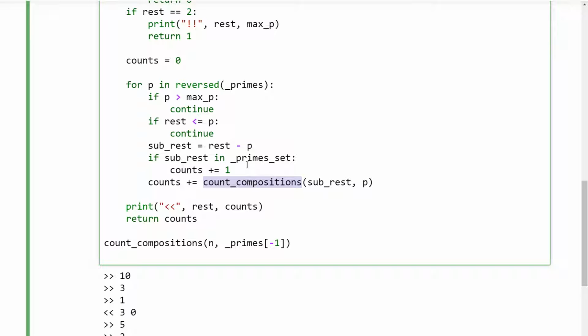Well, if L mod P is 0, we count 1. But we also have to count for each. I guess we were doing that.